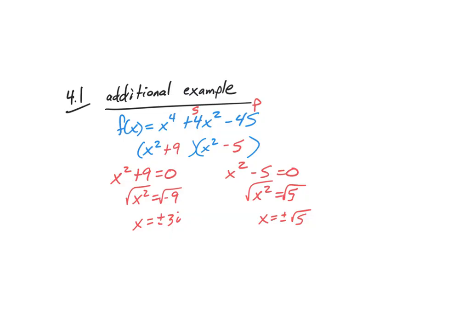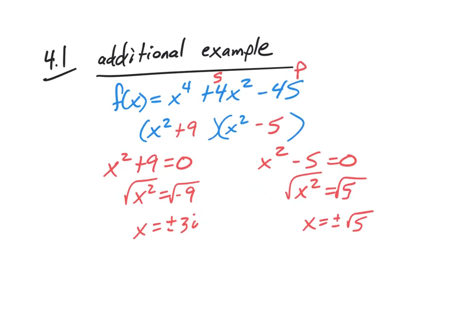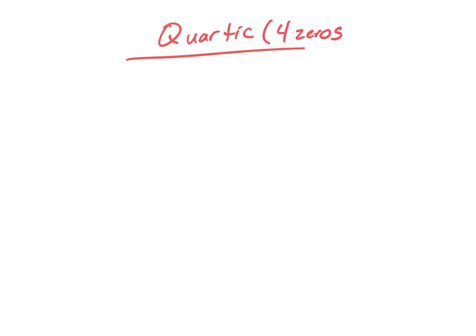If we graph this one, let's just go ahead and type this into our calculator. So one thing that I want to go through here is if I have a quartic polynomial, there are 4 zeros that we have to account for. And there's a lot of different ways that can happen, okay?